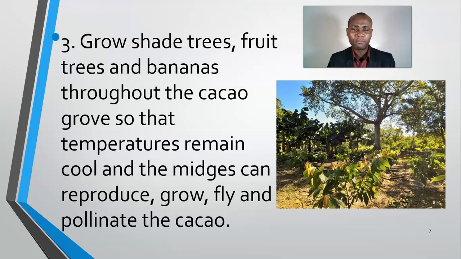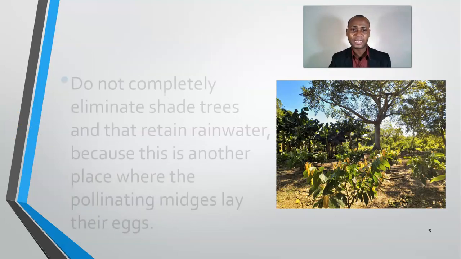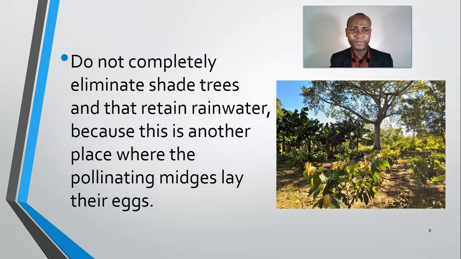To make this possible, you need to have shade trees and some bananas on the farm to reduce the amount of heat coming from the sun. So do not completely eliminate shade trees.